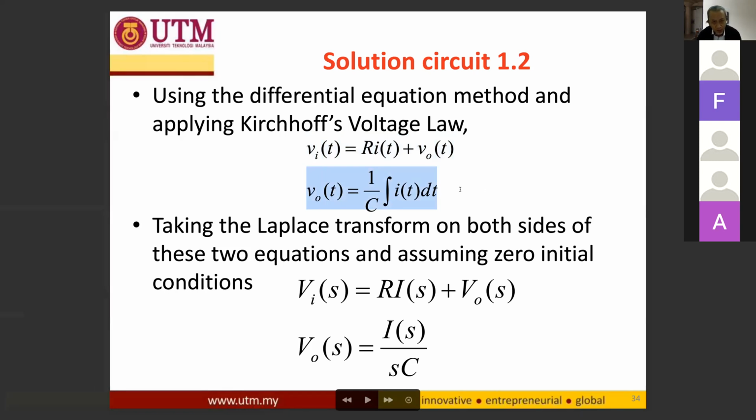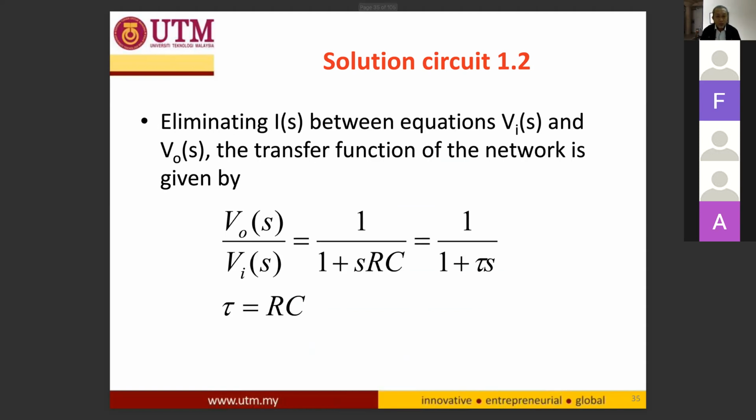We take the Laplace transform for both V naught and V in, assuming zero initial conditions. Then we eliminate the current from the equations for V in and V naught, and we obtain 1 over 1 plus SRC. RC is equal to tau, so it becomes 1 over 1 plus tau S, where again tau is the time constant.